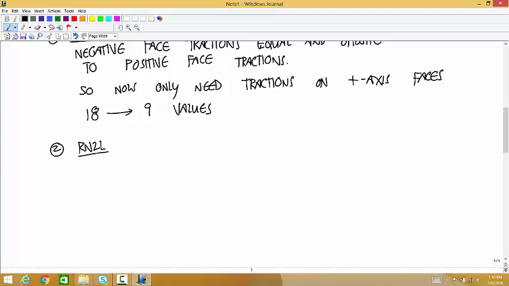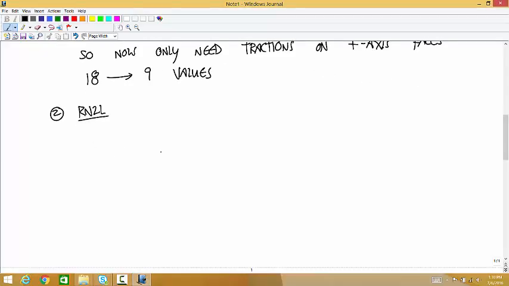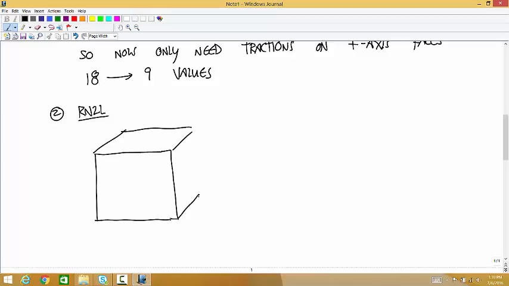It says that flipping the subscripts, well, there's no subscripts yet. Let me draw it. It says that this component of the traction has to equal this traction.